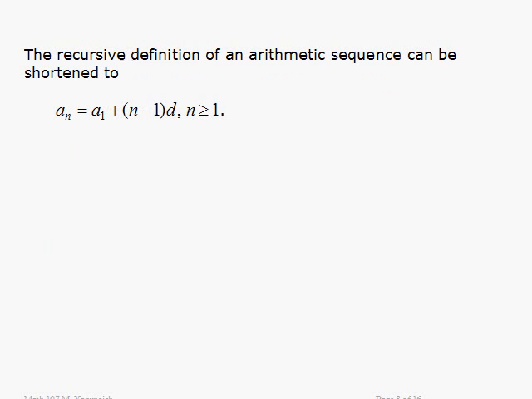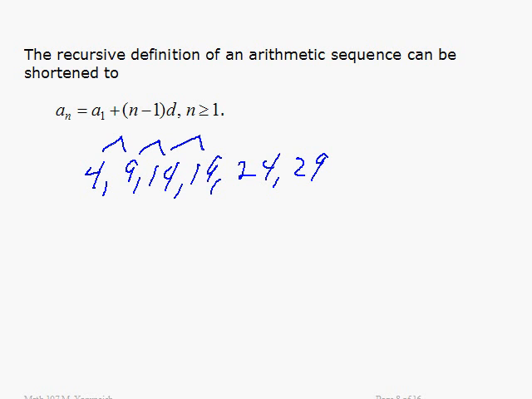If you think about the sequence again, we have 4, 9, 14, 19. It's true that two adjacent terms differ by 5. But you can think of each term as really the starting term with however many 5s added onto it.